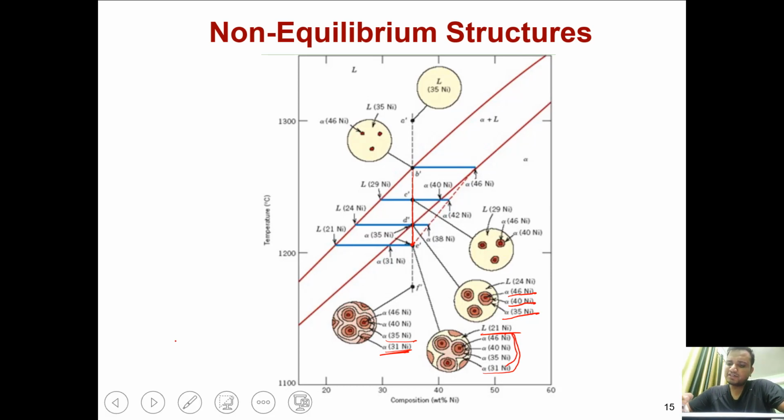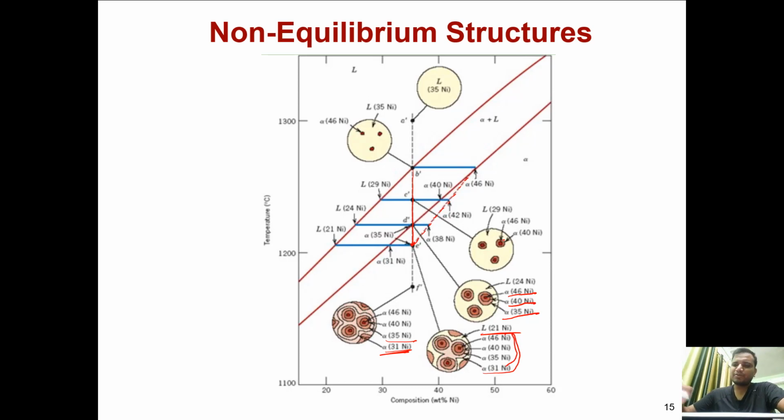And here it has drawn this line to show that since the cooling happens at a faster rate, the movement of atoms is slightly restricted, and that also restricts the homogenization of this element.